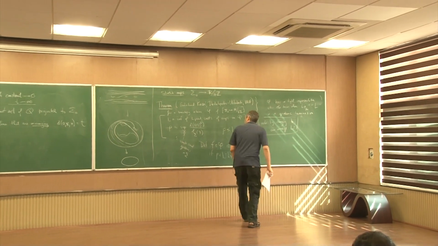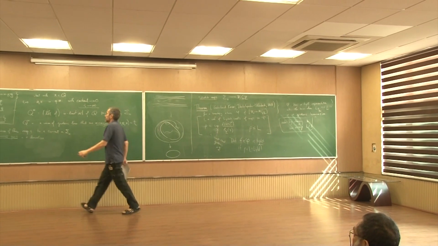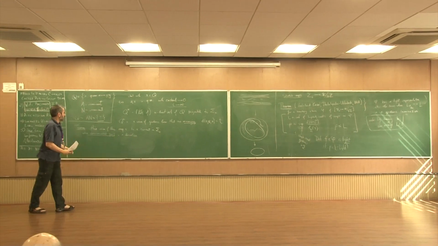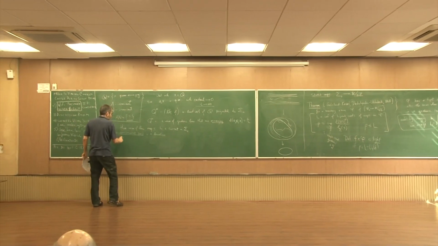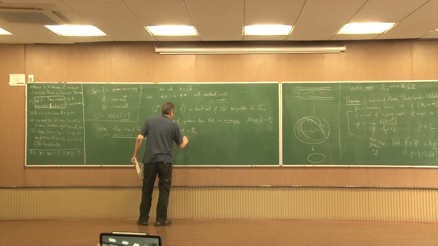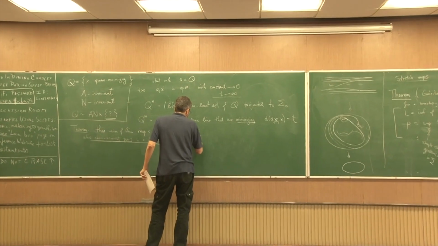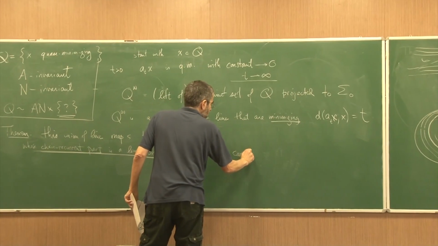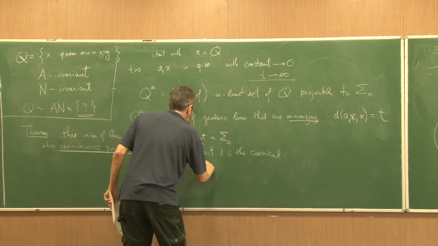And what we prove, in fact, so our theorem is that this chain recurrent part is a lamination. In fact, it is the canonical stretch lamination.